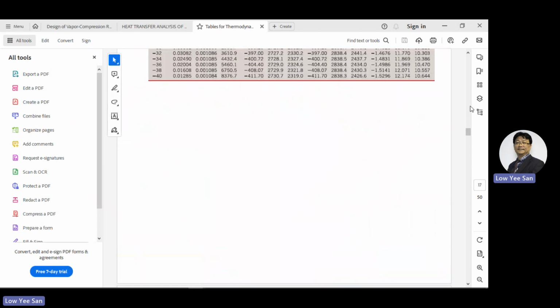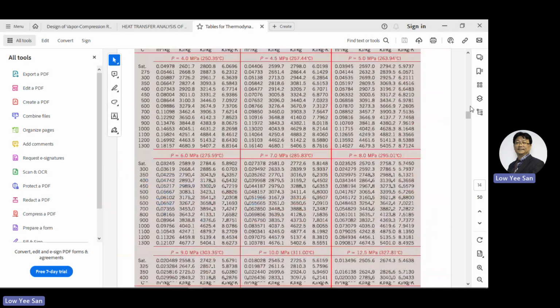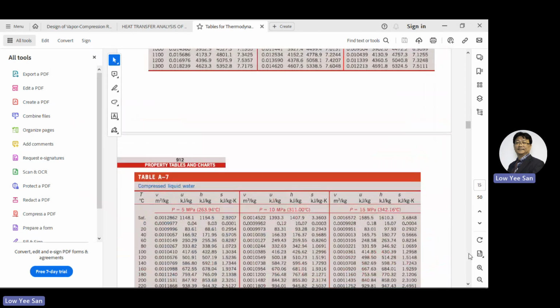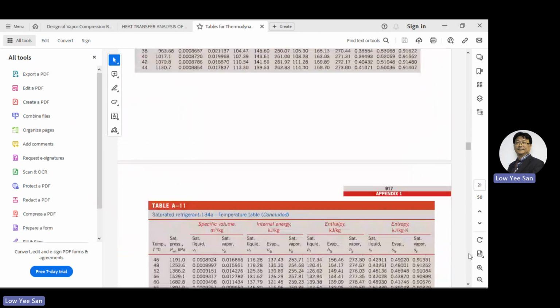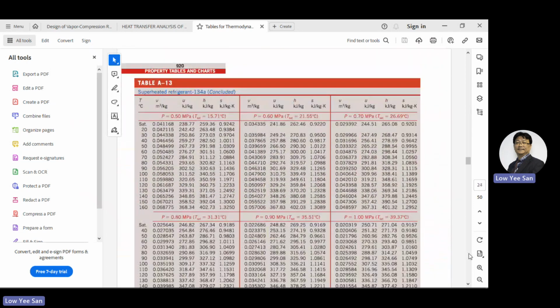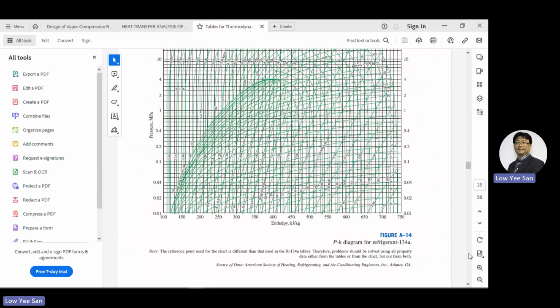It's difficult to use a psychrometric chart because there are so many lines. That's why I give you the link, so you can use the link. No problem.